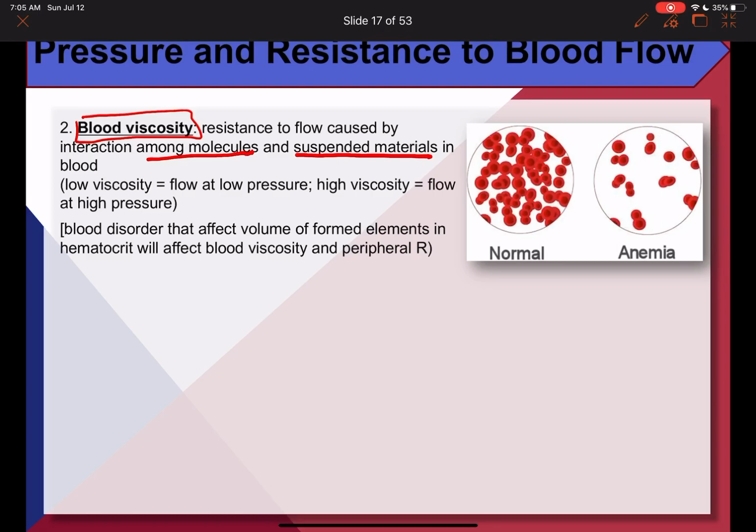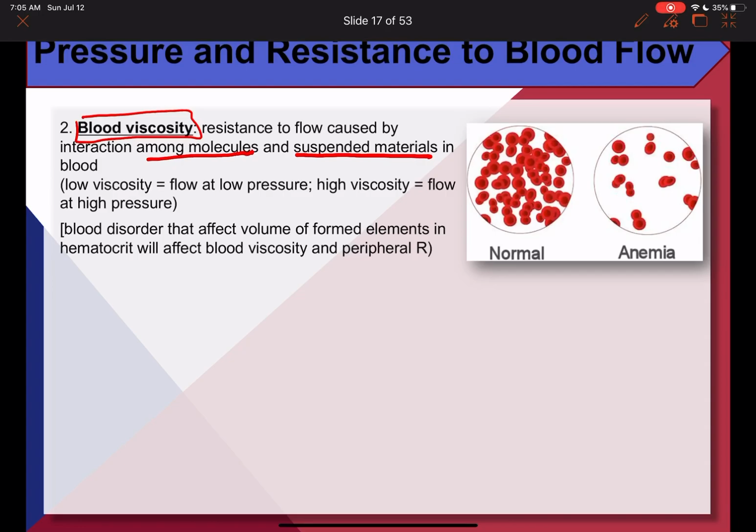One example that can affect blood viscosity is when an individual has a blood disorder that affects the volume of formed elements, like anemia. In anemia, you have fewer blood cells, less resistance, and a higher flow. Another example would be dehydration.